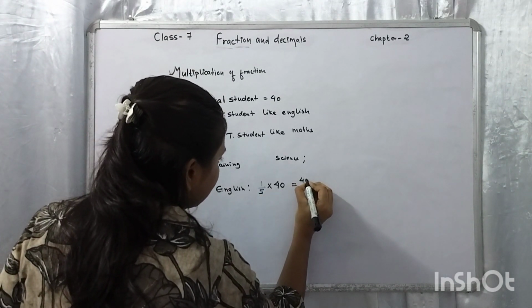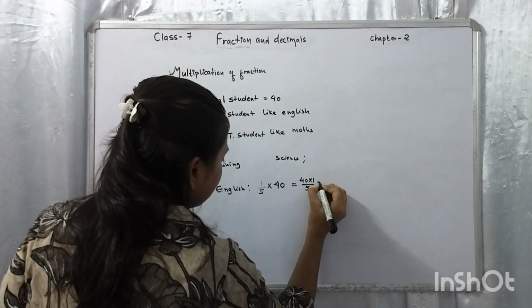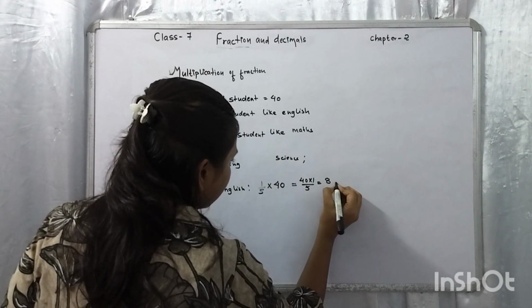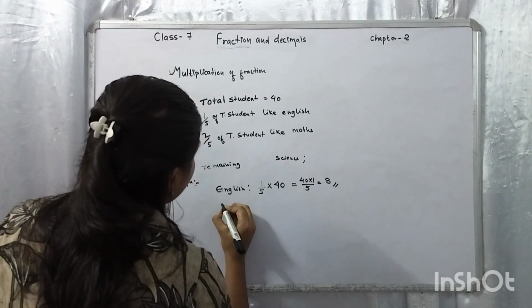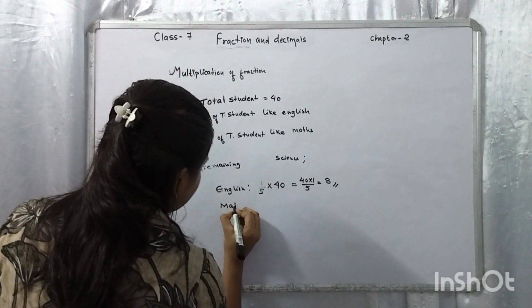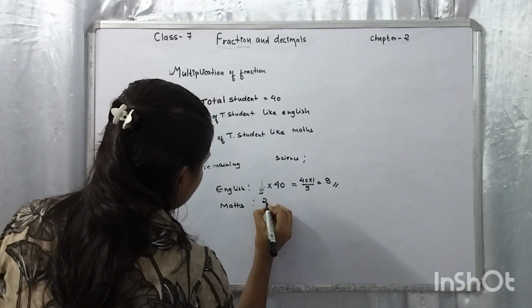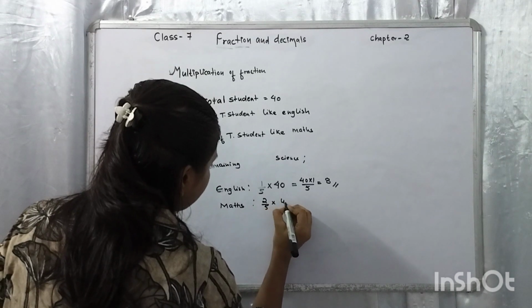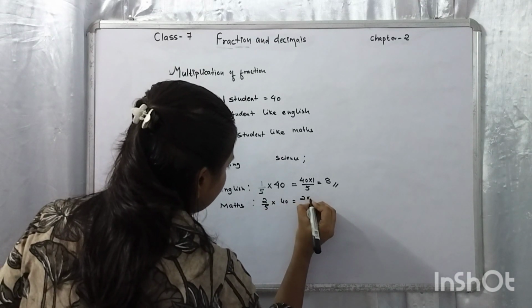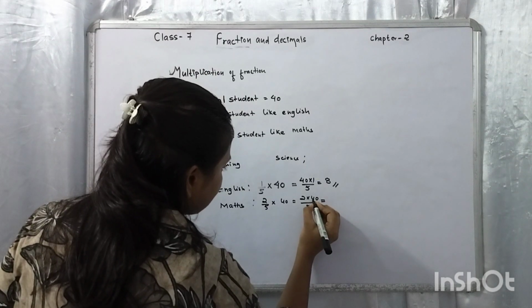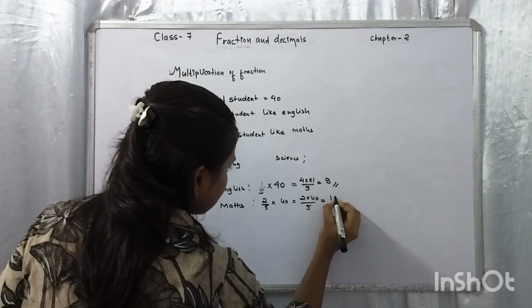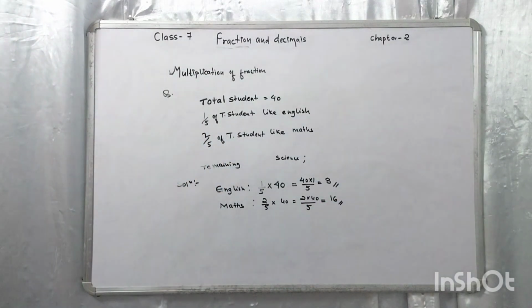You can do it this way, divide by 5, that will give you 5 eights are 40. So 8 students like English. In a similar way for maths, that is 2 by 5 of 40. So 2 into 40 by 5, that is 5 eights are 40, 8 into 2 is 16. So 16 students like maths.